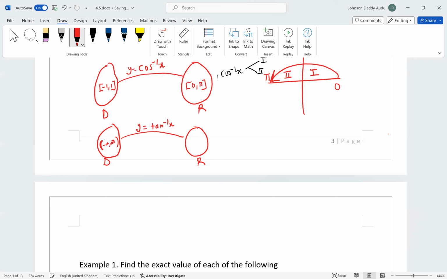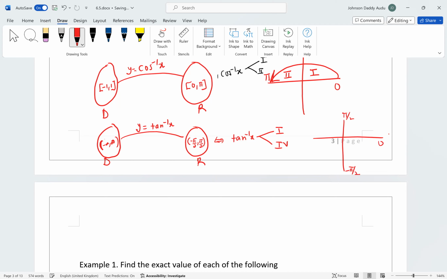But the range is now going to be minus pi over 2 to pi over 2, which is the domain of tan x. This implies that tan inverse of x is going to be either in the first or in the fourth quadrant. Because if you look at it, this is 0, this is pi over 2, the same thing we explained earlier. This is minus pi over 2.